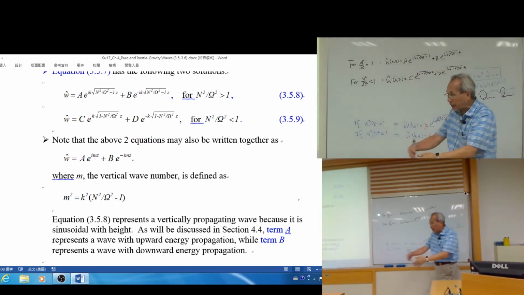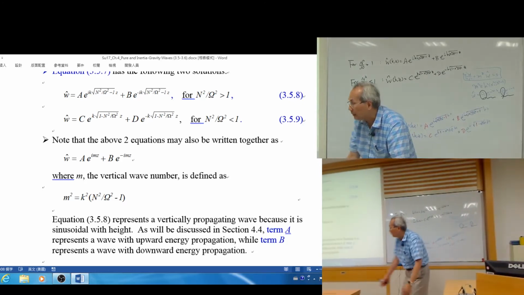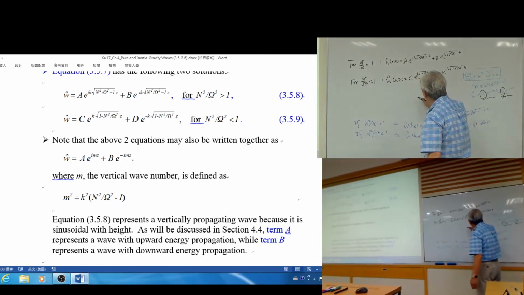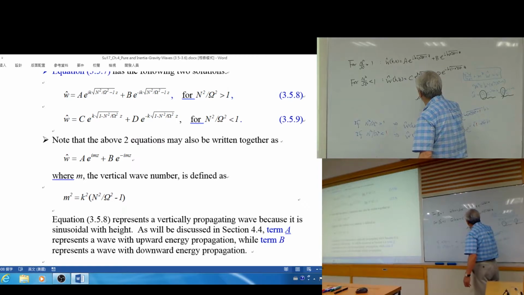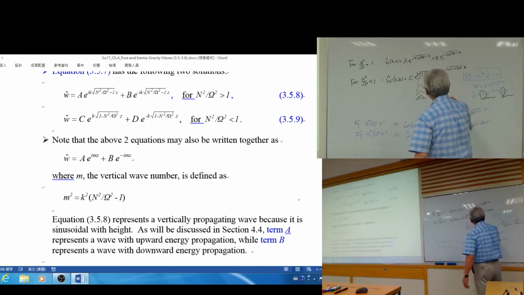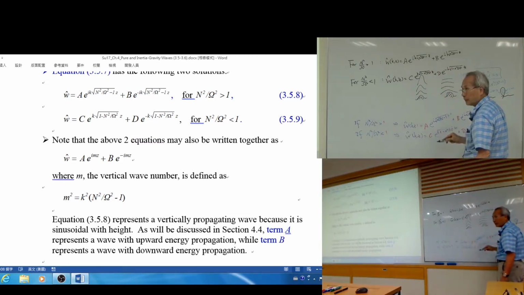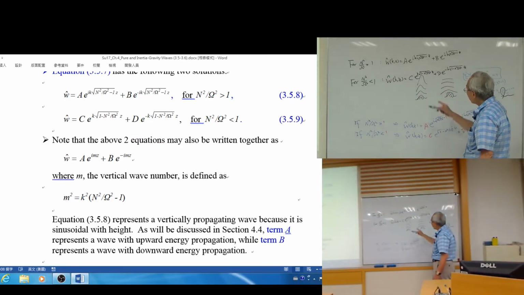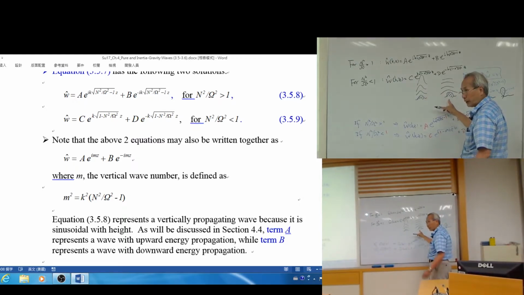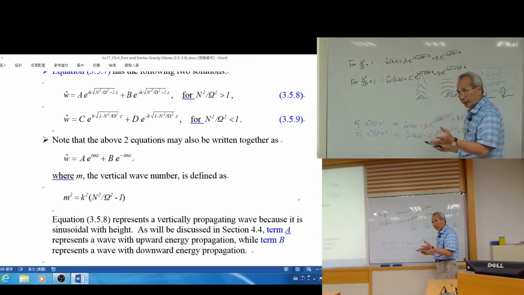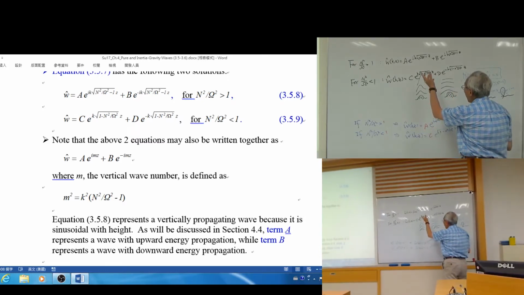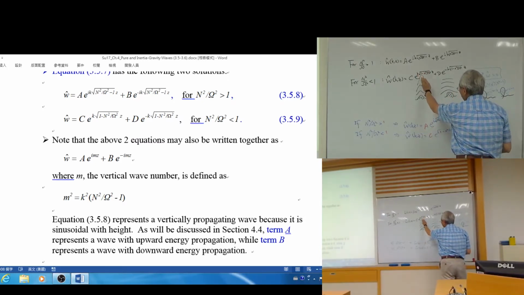So if the disturbance is near the surface, say you have a mountain here, this term is going to amplify, and this one is going to decay exponentially like this term. So which one you want to choose depends on your boundary condition. Your upper boundary condition will determine this term or this term.